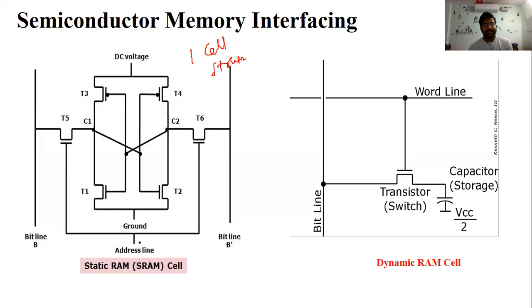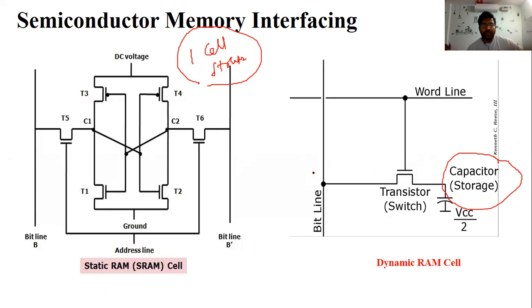In static RAM one cell has 6 transistors. Here in dynamic RAM one cell has one transistor and one storage capacitor to store the data. But in static RAM, 6 transistors are required to store the data. That is static, and this is dynamic.